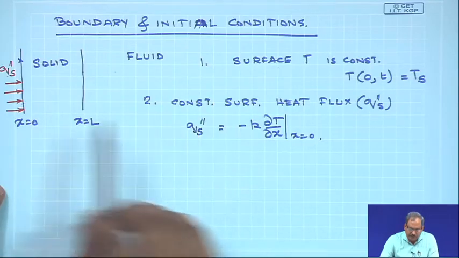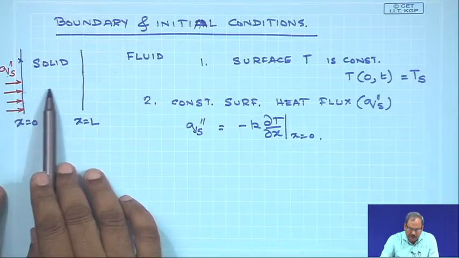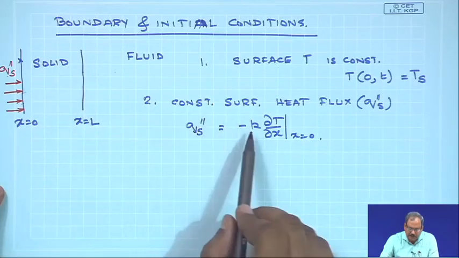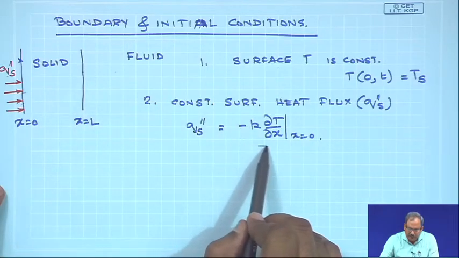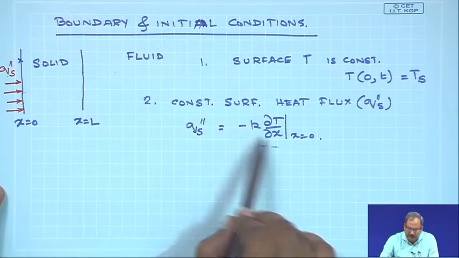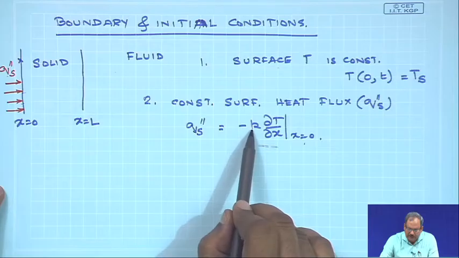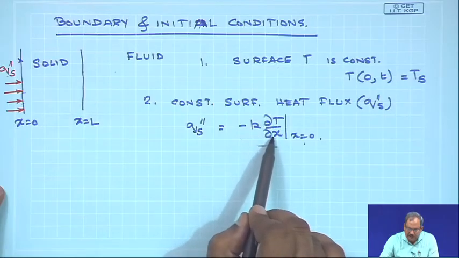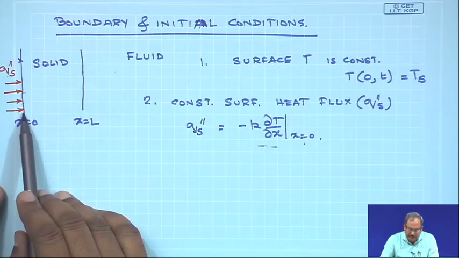where the delivered heat flux is to be carried into the solid by a conduction process, and by invoking Fourier's law, I can write that the heat flow at x equals 0 by conduction is minus k dT dx, and x equals 0 is the control surface. The control surface does not have any mass of its own.